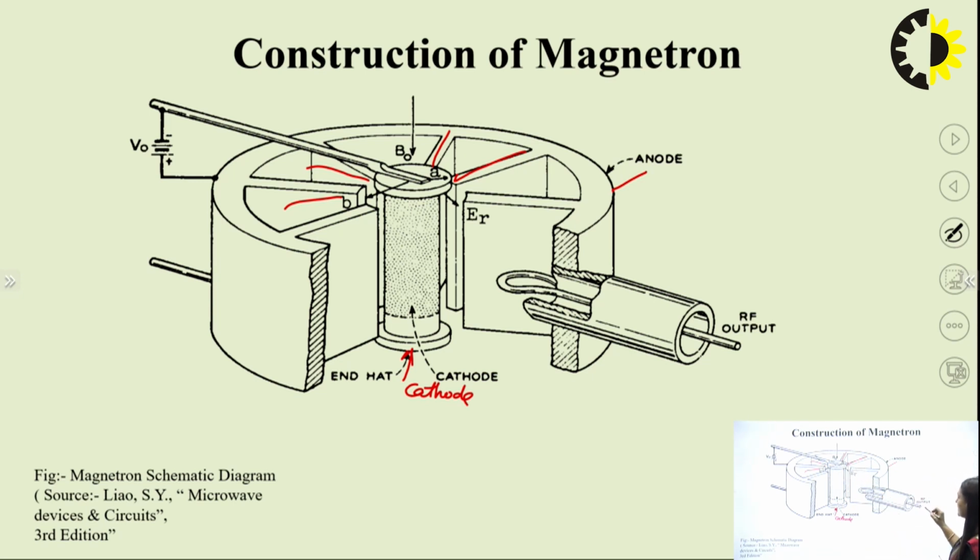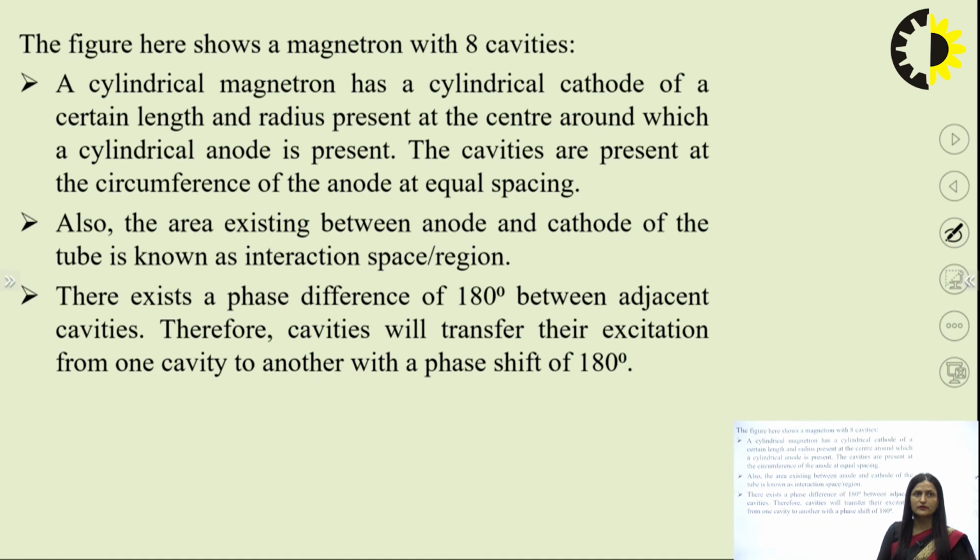And here RF output is taken out. From one of the anodes we are taking the output. And here we are providing DC to the cathode, so there will be generation of electric and magnetic fields. So this is the construction of a magnetron.